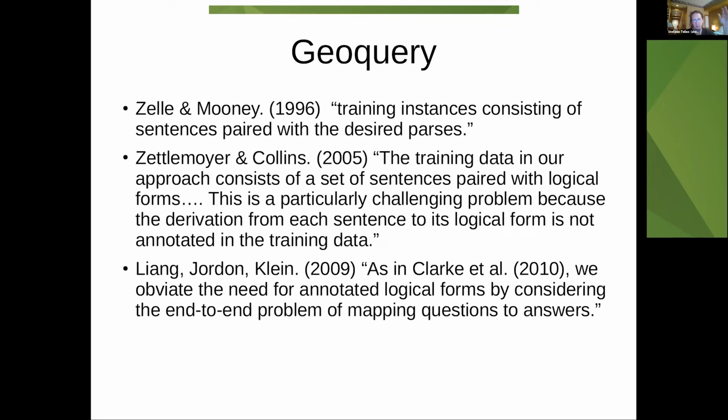All we need is the ability to know if our answer is correct. So we provide the answer to the question, and we need to know whether the answer is correct or not, but we're not going to have any logical forms during training time. This is the best because you need less data, and you need no experts to annotate this data.